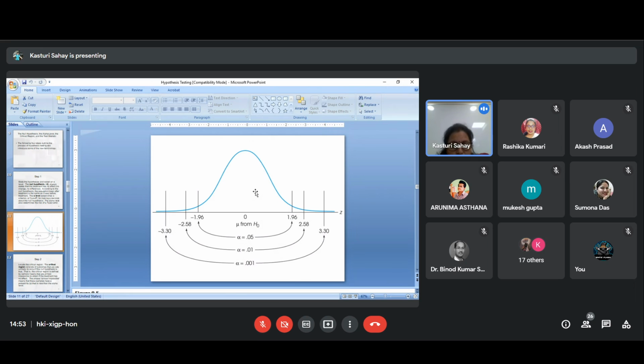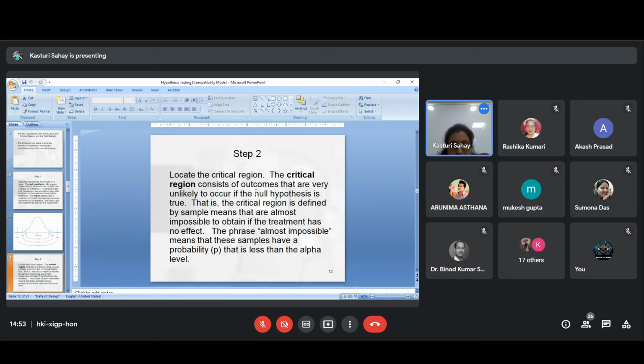Now we move to step 2. Step 2 is locate the critical region. That is, the critical region consists of outcomes that are very unlikely to occur if the null hypothesis is true. That is, the critical region is defined by sample means that are almost impossible to obtain if the treatment has no effect.